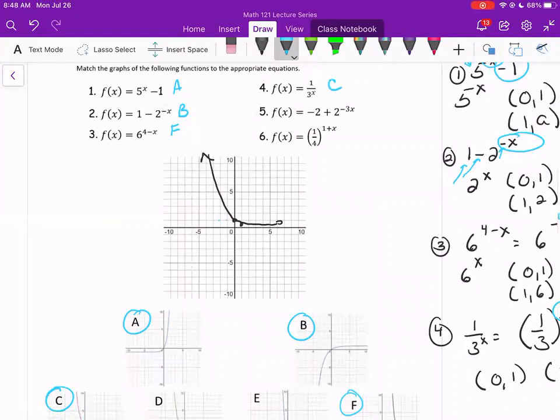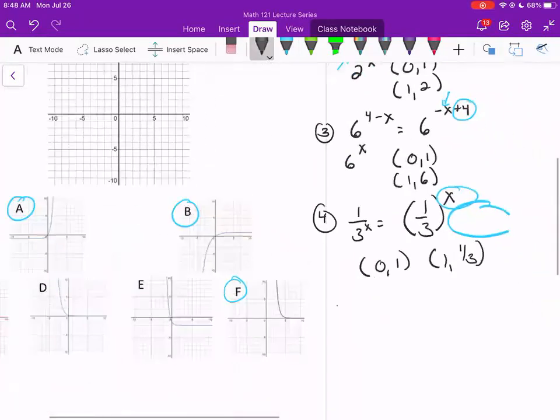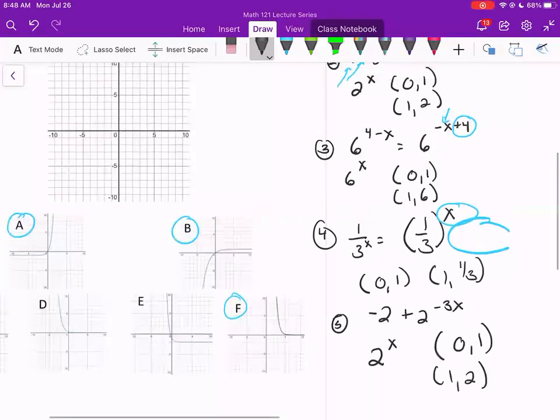Our last two here, 5 and 6, if we look at number 5, we have -2 + 2^(-3x). Our most basic function is 2^x, giving us the points (0, 1) and (1, 2). If you notice, this 3 on the inside is going to cause it to be a more drastic vertical shift.